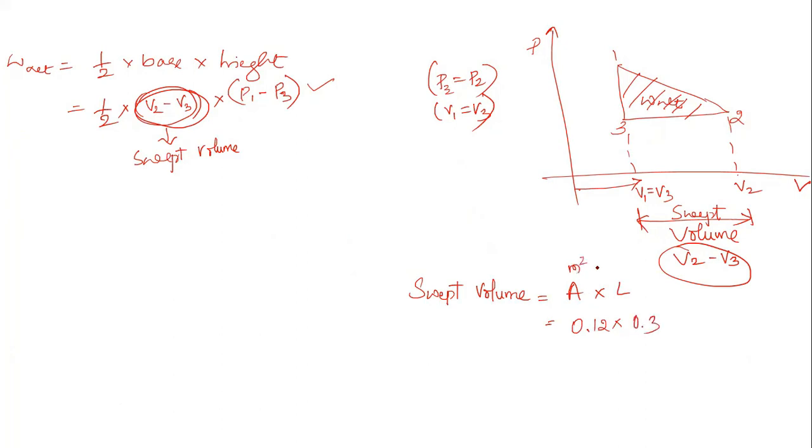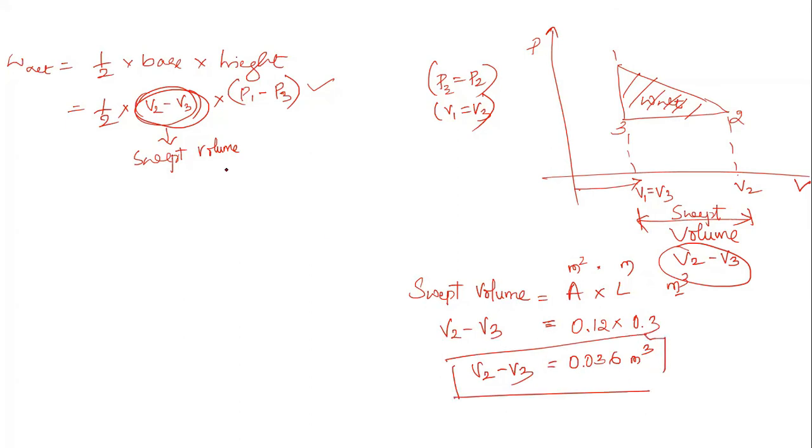Meter square into meter, that means the unit you will get is meter cube. Therefore, swept volume V2 minus V3 is 0.036 meter cube.